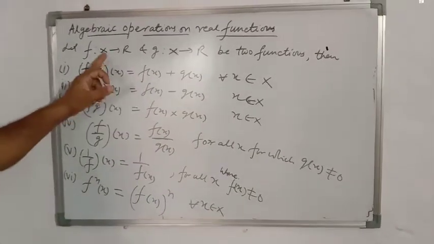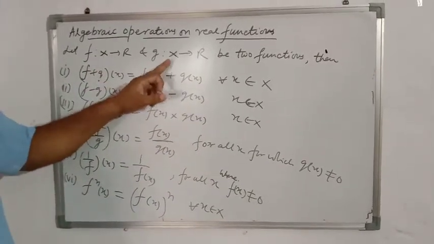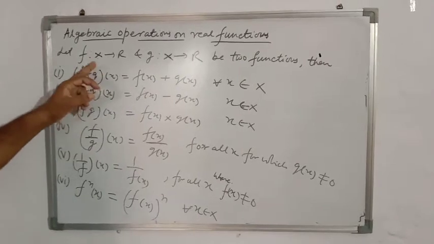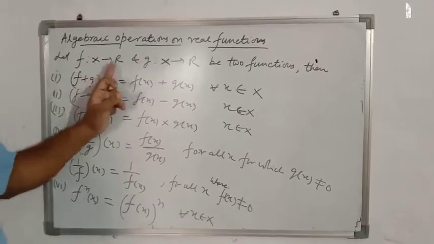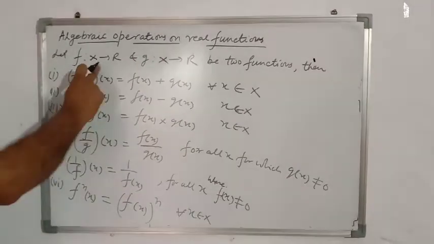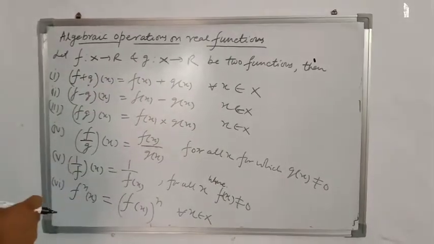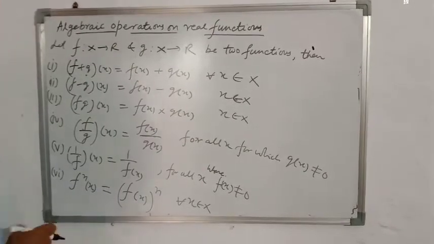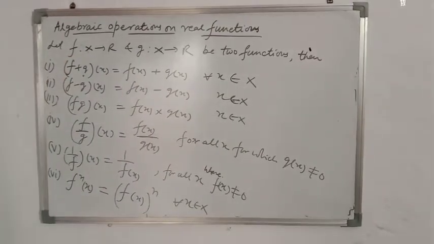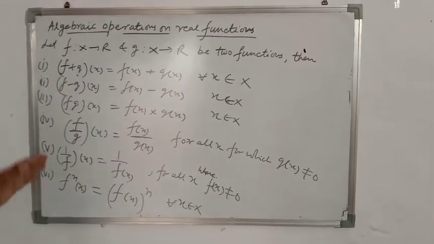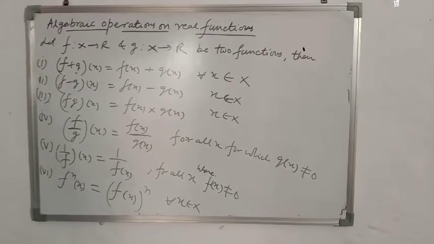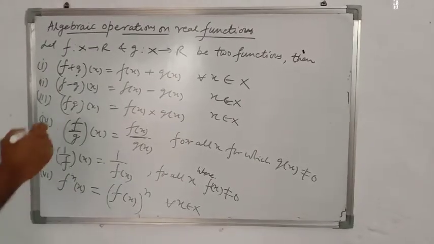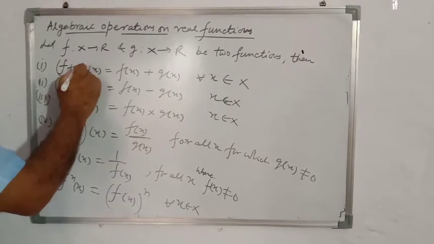We have to take the common elements of both the domains. But here I have taken the same domain. But if domains are different, we have to take the common domain, means common elements of both the domains, to perform these operations. So on the basis of these operations, we will discuss some problems of the exercise.